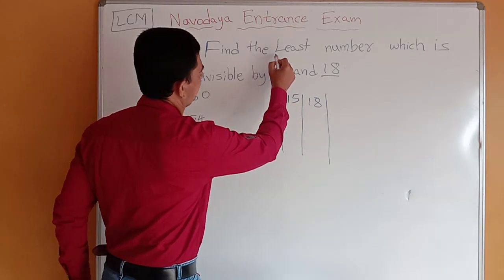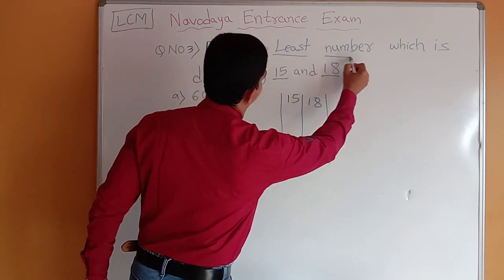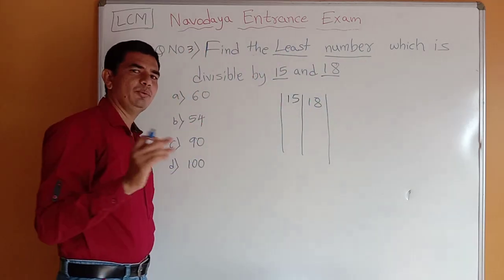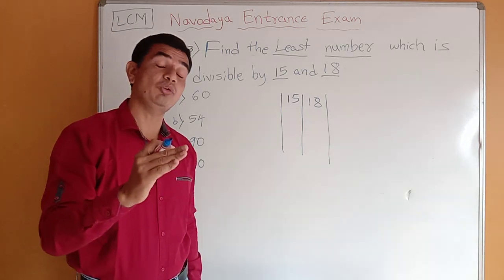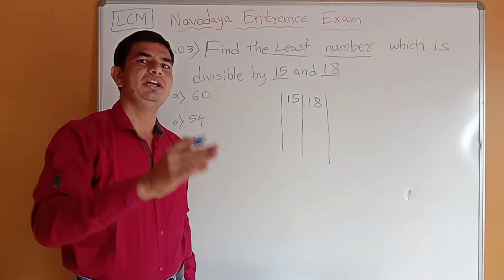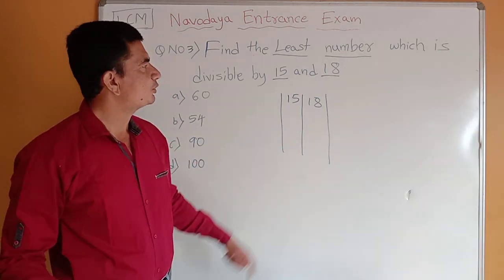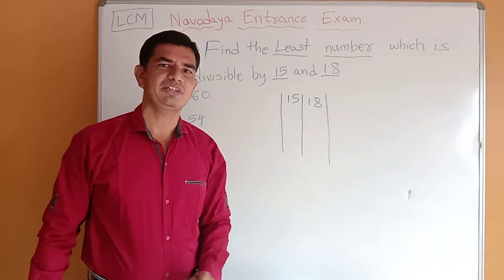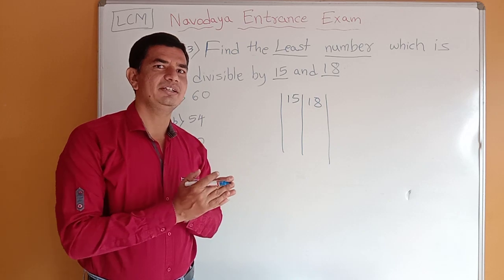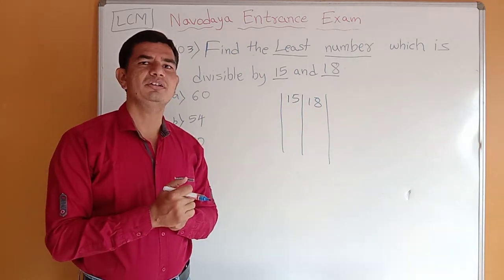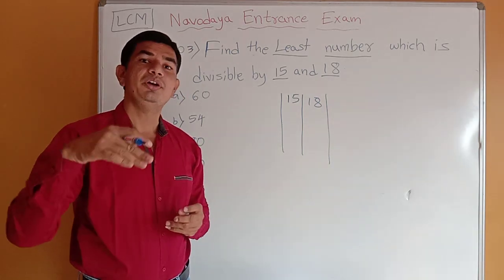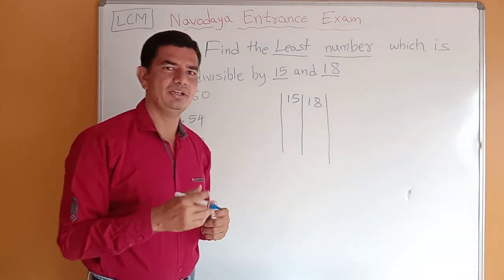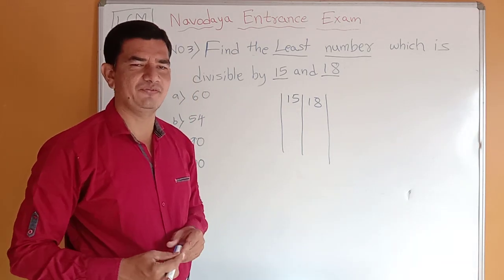Here they have given the least number. What is the long form of LCM? Least common multiple. So they have asked for the least number, so we have to find the LCM. If they ask for the greatest or bigger number, then we have to find the HCF. In the next video I am going to explain about the HCF.